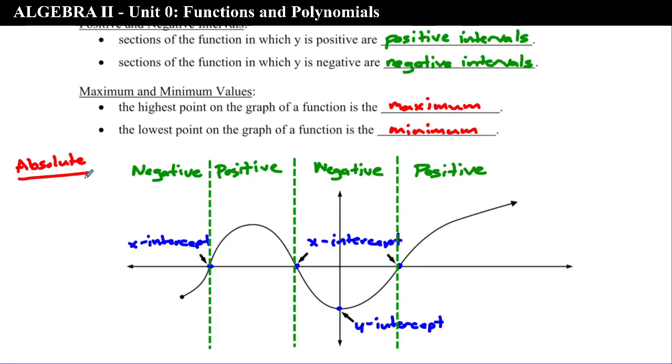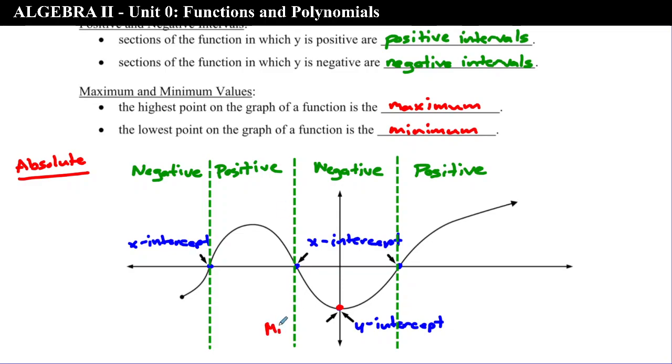So for example, let's take a look at this graph. We have a minimum on this graph, and it's right here at the y-intercept. That is not only our y-intercept, but it's also our minimum.